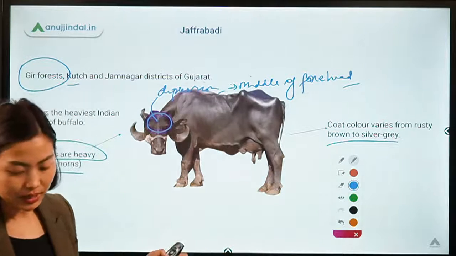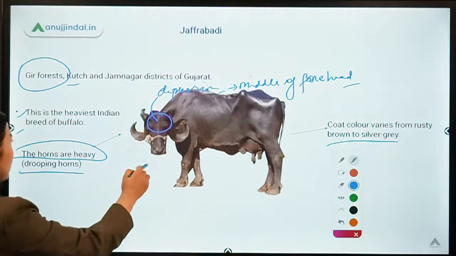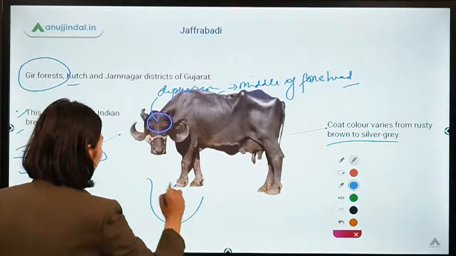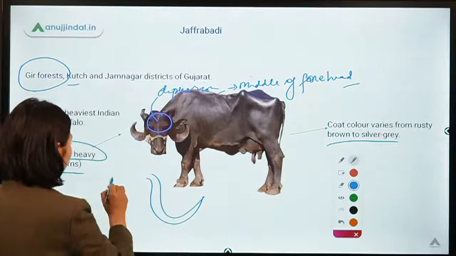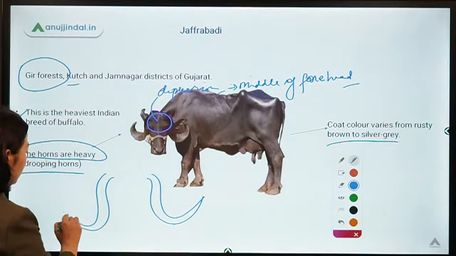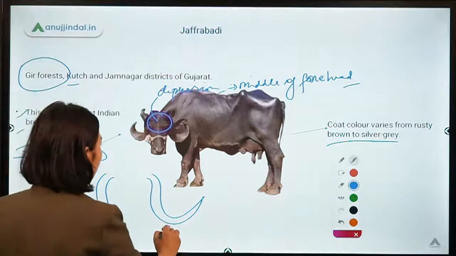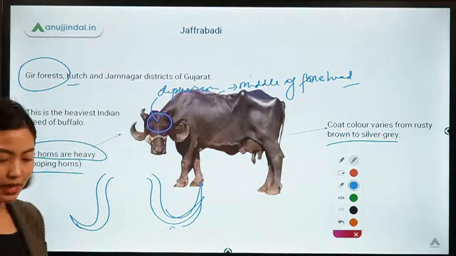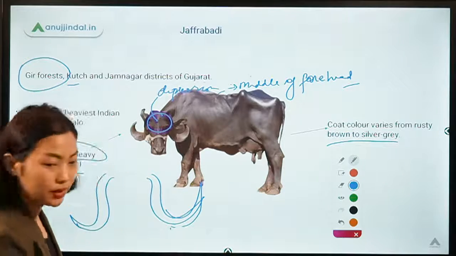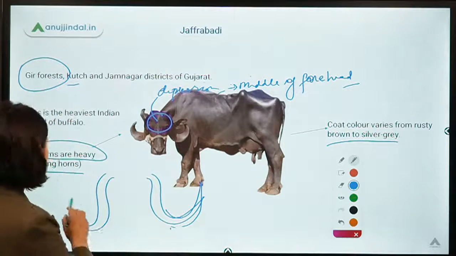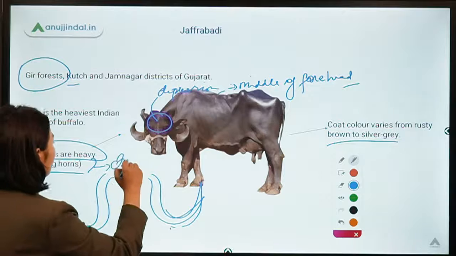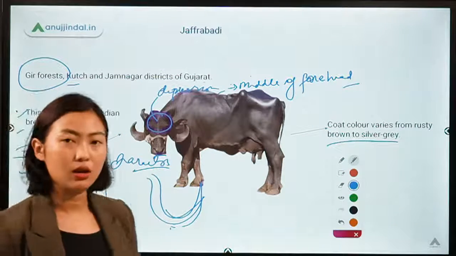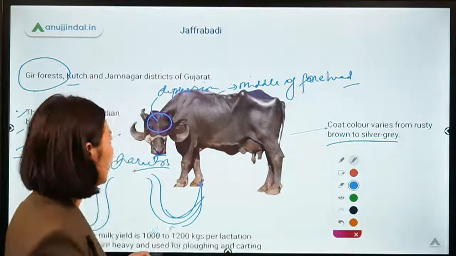As you can see in this picture itself, the horn droops down like this, and then it moves upwards again. These are very heavy and big. So this is a very important characteristic of the buffalo, all right?